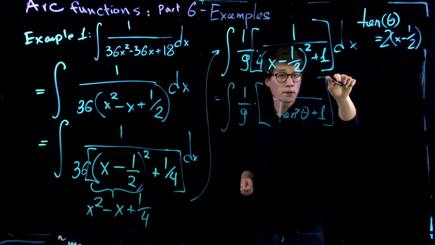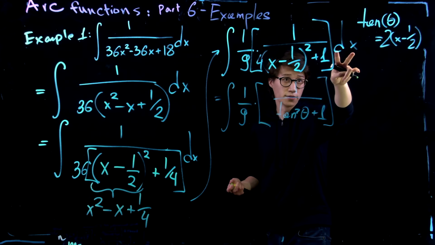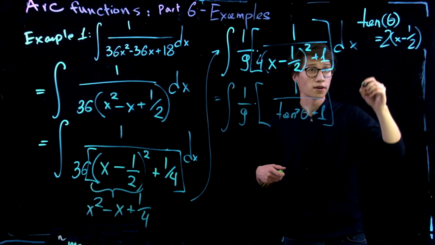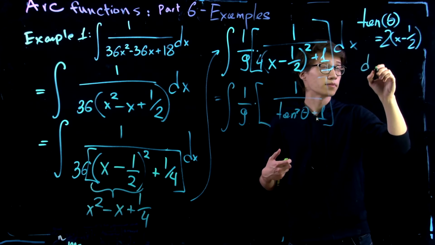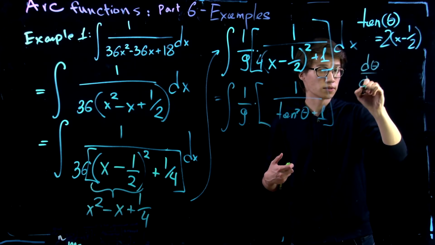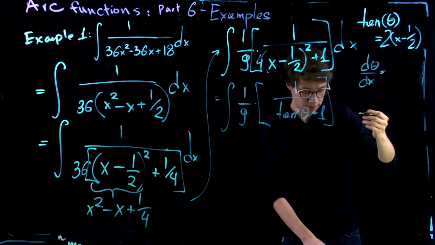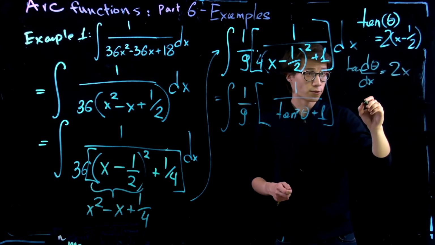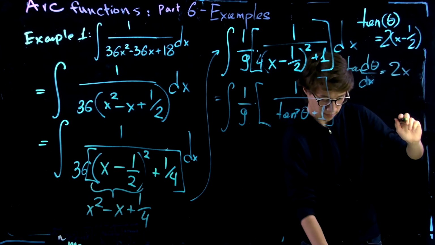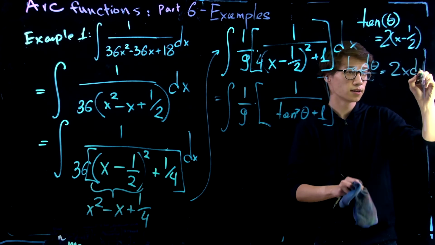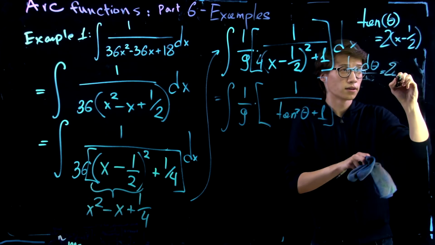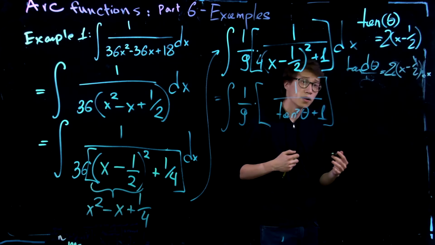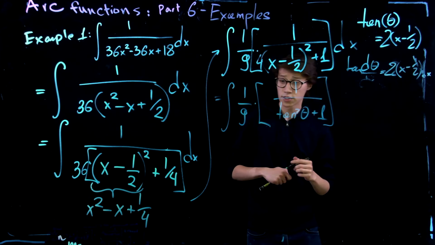Okay, but what about the actual infinitesimal dx here? Well, we can actually try to find the derivative of our original one, tangent theta equals 2x minus 1. What is this going to be? Well, if we remember correctly, the derivative of tangent is going to be the secant squared.